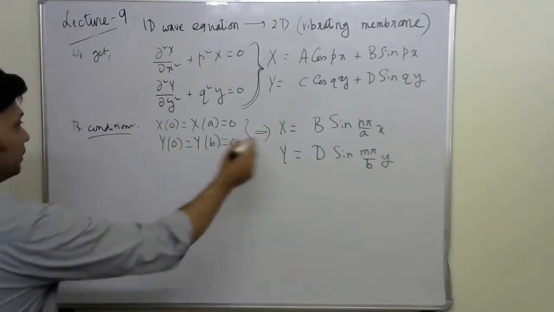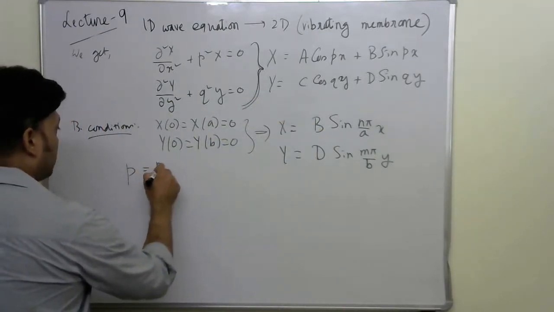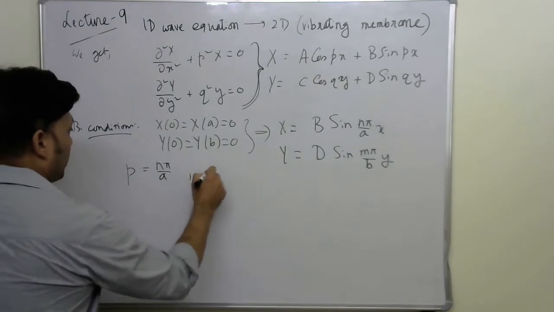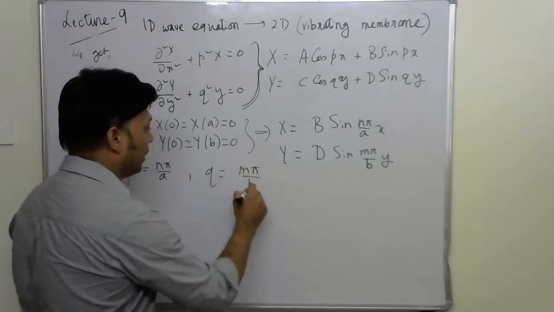Here we can see that these treatments give us the value of p equal to n pi by a, as well as the value of q equal to m pi by b.